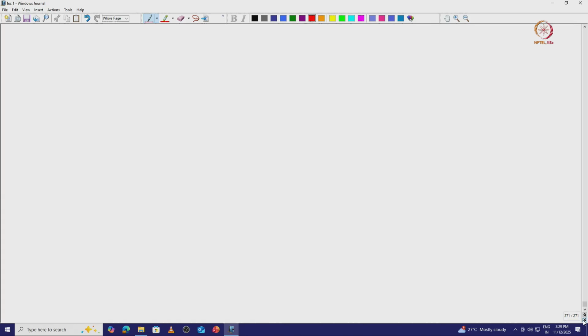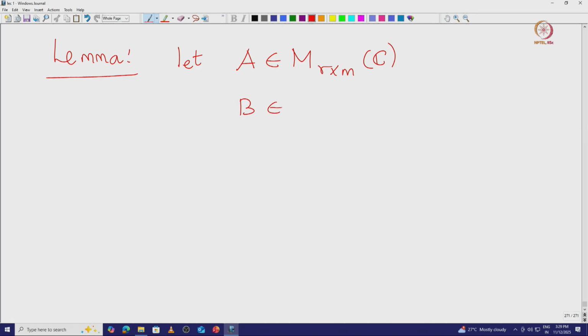So, for that purpose let me state this lemma where the matrix computation is explicitly given. Let me fix the sizes of the matrices. Let A be an r by m matrix and B an n by s matrix. Then we have E_ki, which is the elementary matrix in the m by n matrix space.